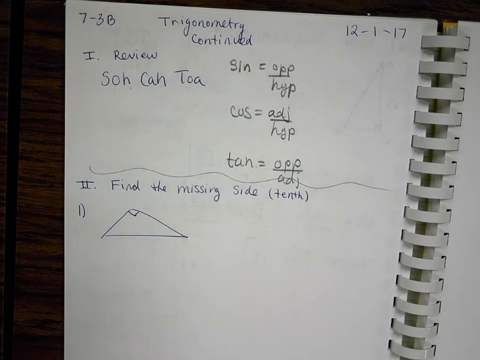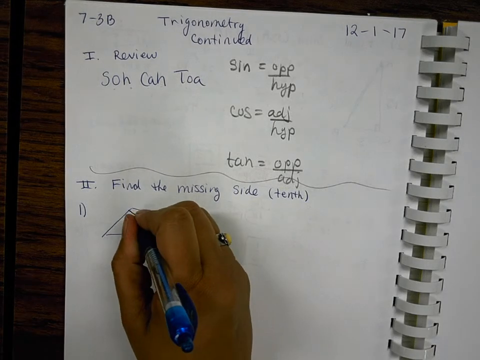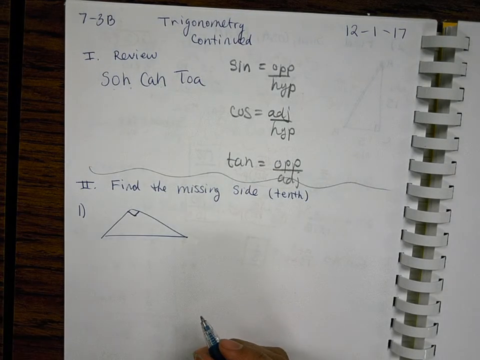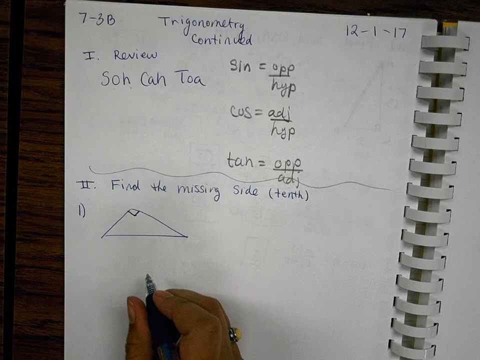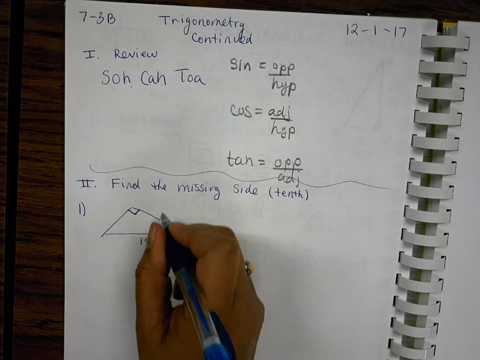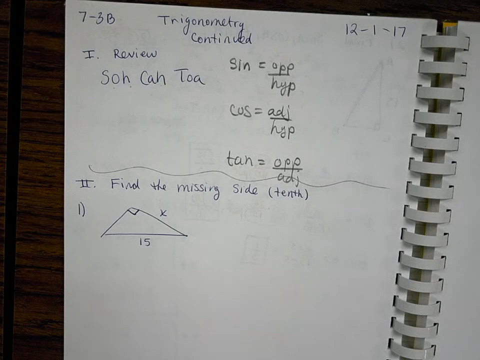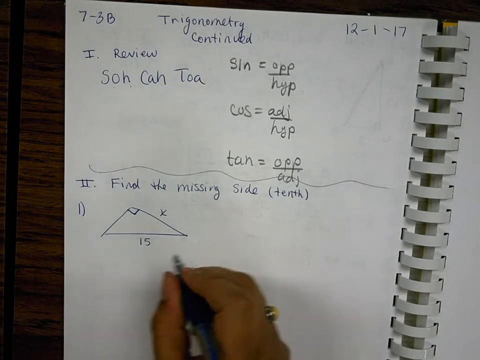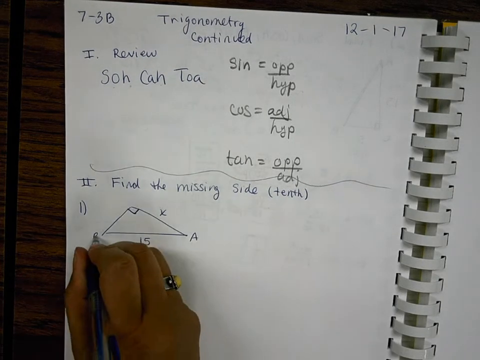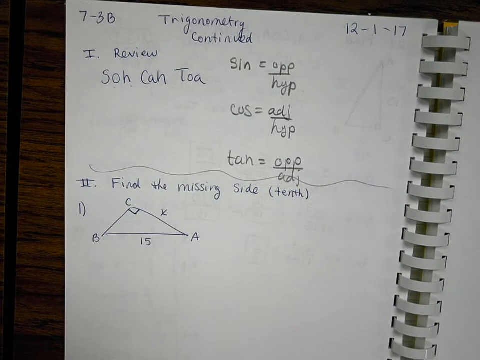Alright, so you have your right triangle, and I am going to label this as 15 and this as X. And I will label this as A, B, C. Find the missing side.